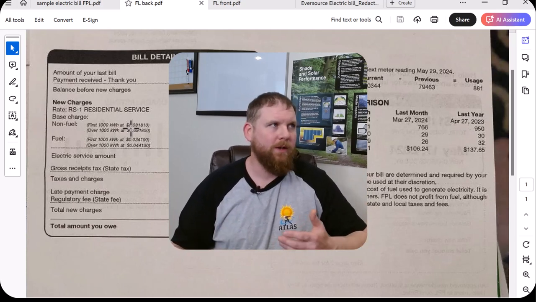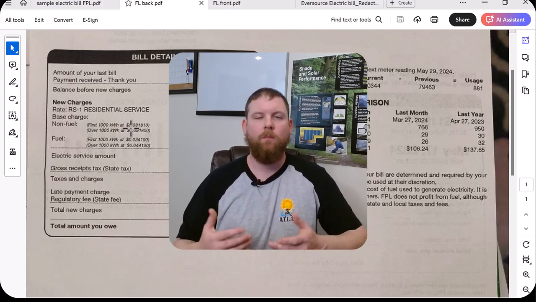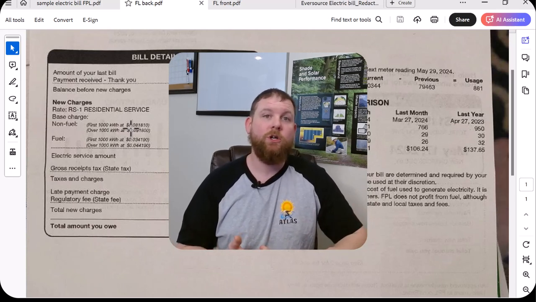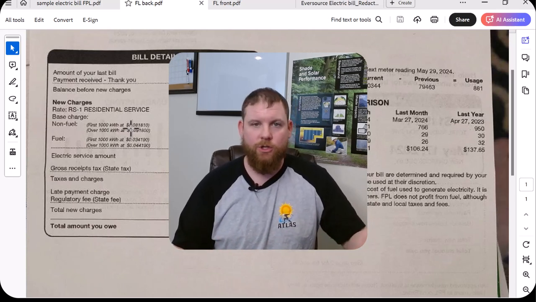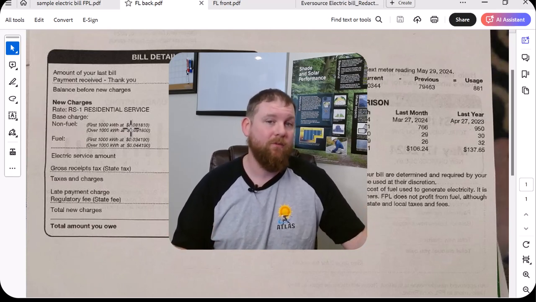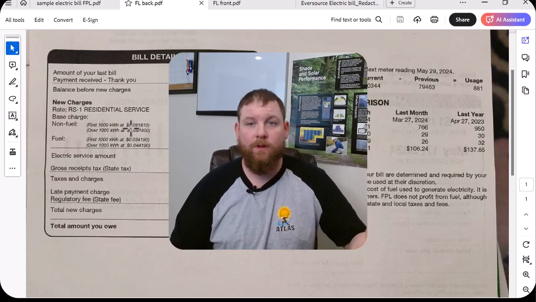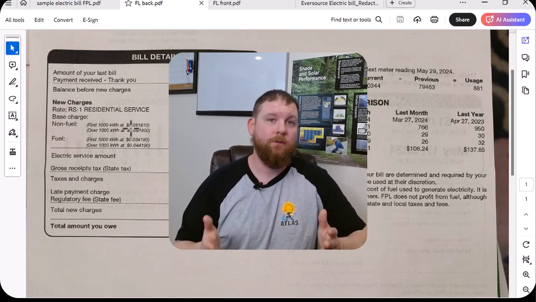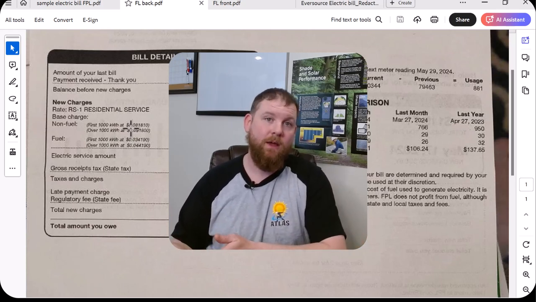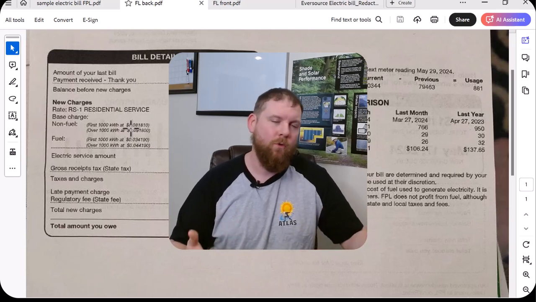So again, by knowing what your cost of energy is, it will help you to better determine what you use energy on and what the best form of energy to use is, because you may be paying more for something and not realizing that there's a better option out there. But ultimately, it all starts with breaking down your electric bill to determine how much you pay for energy and if it's advantageous to use that energy or a different form of energy.